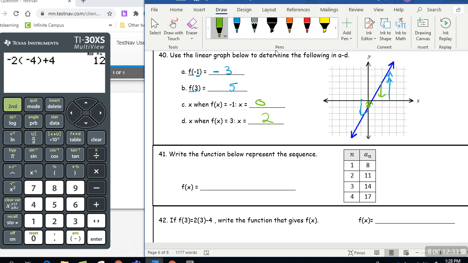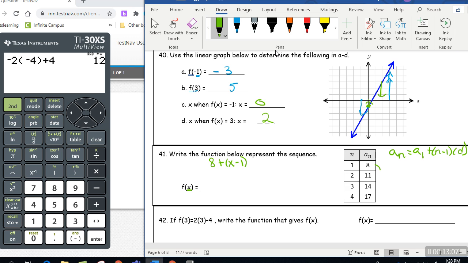41, write the function below that represents the sequence. Okay, so now we can remember we're going to use our explicit formula here. So we've got a sub n equals a sub 1 plus n minus 1 times d. So our first term is 8. It's an easy one. Plus, remember we're dealing with x's, so we'll have x minus 1.